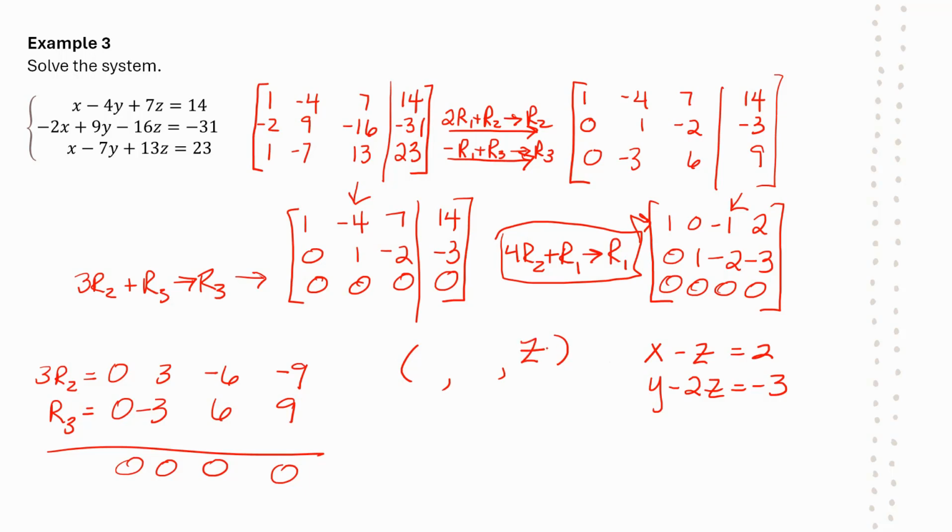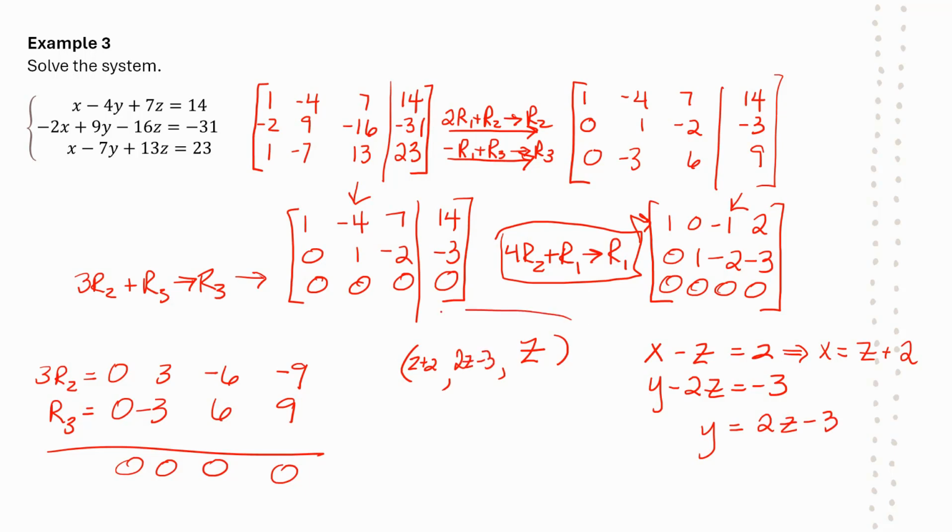If we just put z for itself, then because of the first equation, we know that x is equal to z plus 2. We can put that for x. And we know that y, if we solve for y here, y is equal to 2z minus 3. So that would be our y.